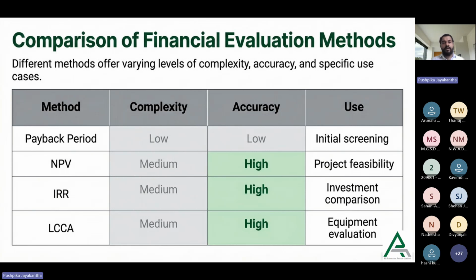For example, profitability index, discounted payback period, cost benefit ratio, return on investment. So you may have one question: why do we use these 4 methods in this energy management session? Because these 4 methods are preferred as they cover different aspects of financial decision making.